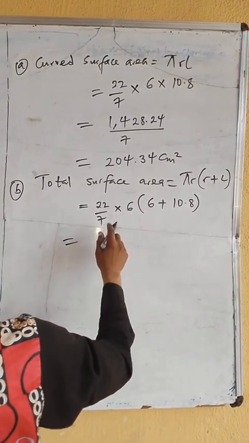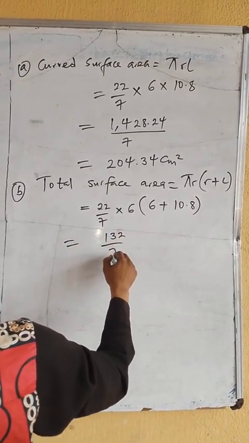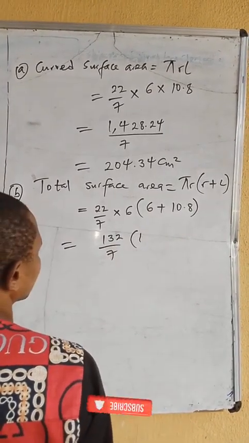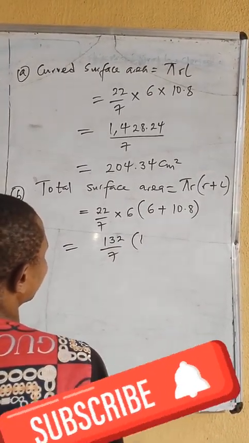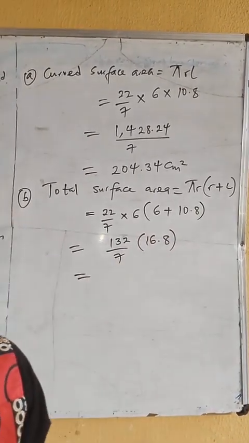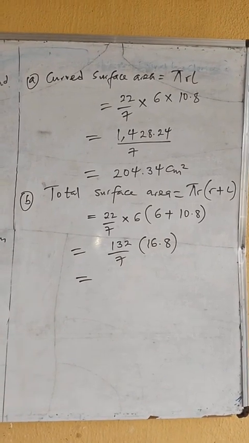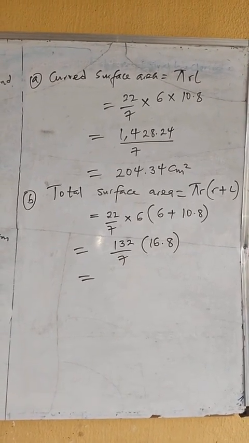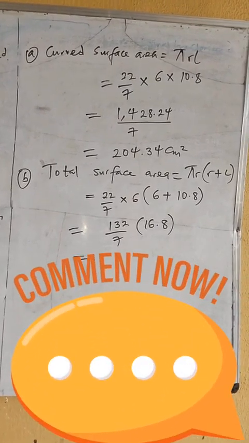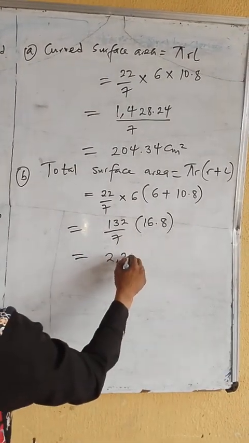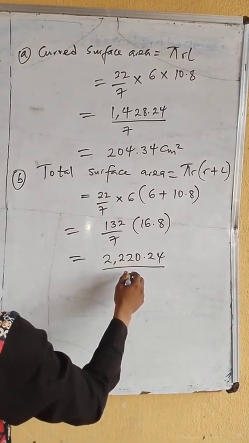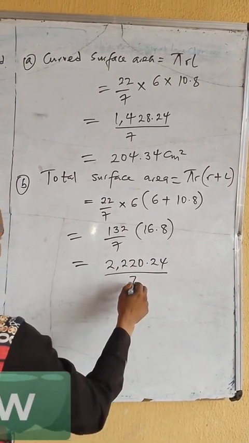So we are going to have 22 times 6, that will be 132/7 in bracket of, by the time you add 6 and 10.8, you are going to have 16.8. So by the time we multiply 132 by 16.8, you are going to have 2220.4, 2220.24 over 7.